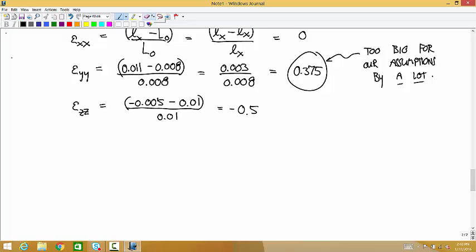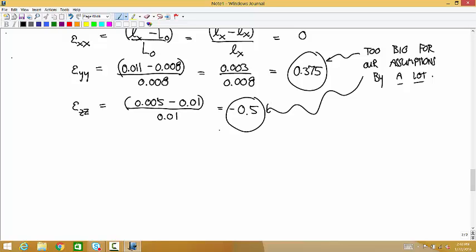The answer is negative 0.5, which again doesn't make any physical sense for our stuff, but mathematically that's what you get.